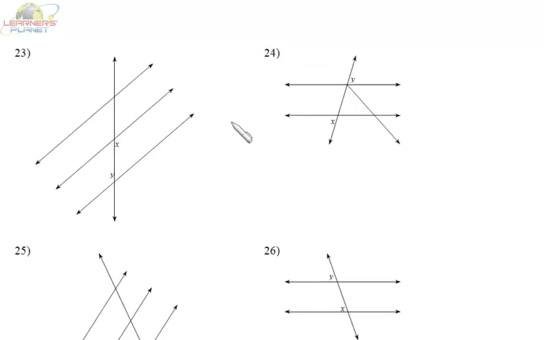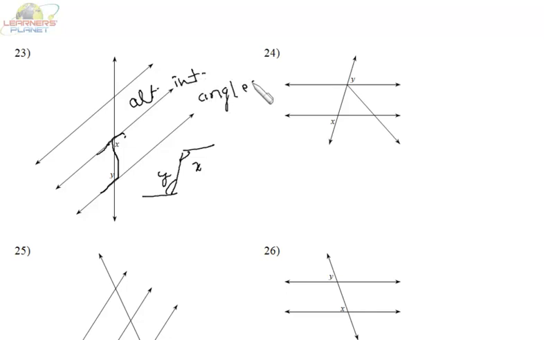Here we see x and y, both of them are on the opposite side of this transversal and they are inside the parallel lines. We see a shape of Z over here. It's like this. So x and y, both of them are alternate interior angles. And definitely they will be equal.